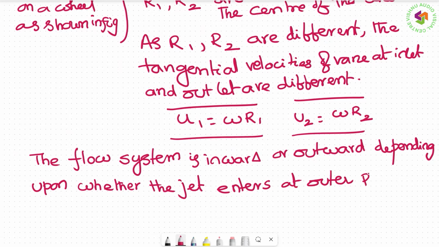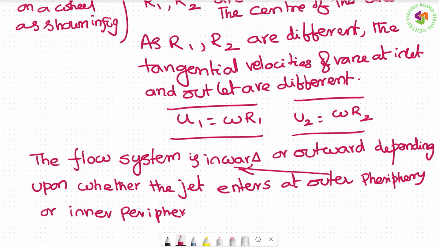Outer periphery entering means automatically it is leaving at the inner periphery; that is what we call inward flow. When the jet enters at the inner periphery, it means it is moving outward.